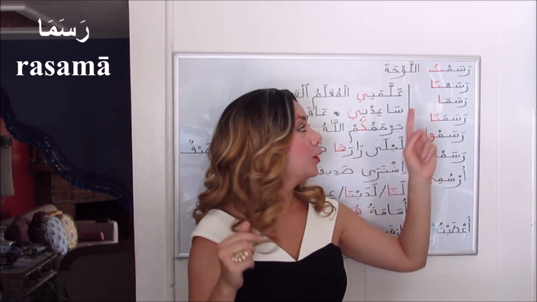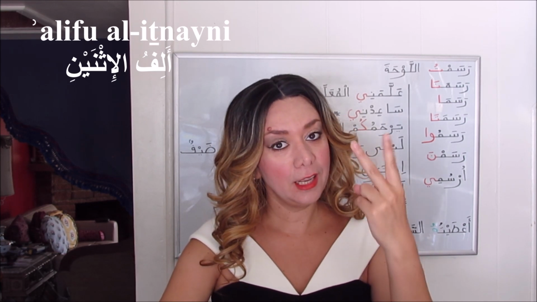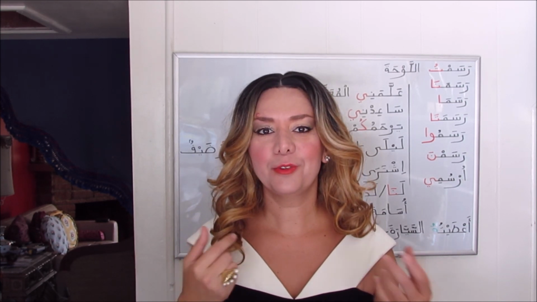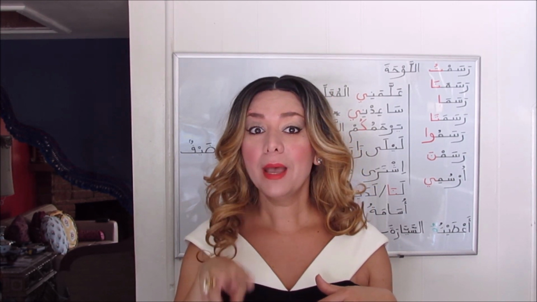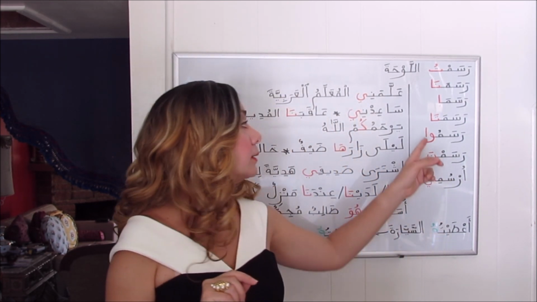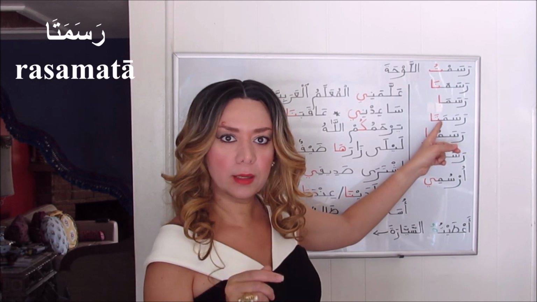رسما, هما, the dual alif. So the dual alif or ألف الاثنين, dual, is the attached subject pronoun of the verb رسم in the nominative, referring to the dual, masculine, third person, هما, رسما. رسمتا, so we have رسما referring to masculine dual, and رسمتا, so we have the dual alif plus the feminine marker تاء.